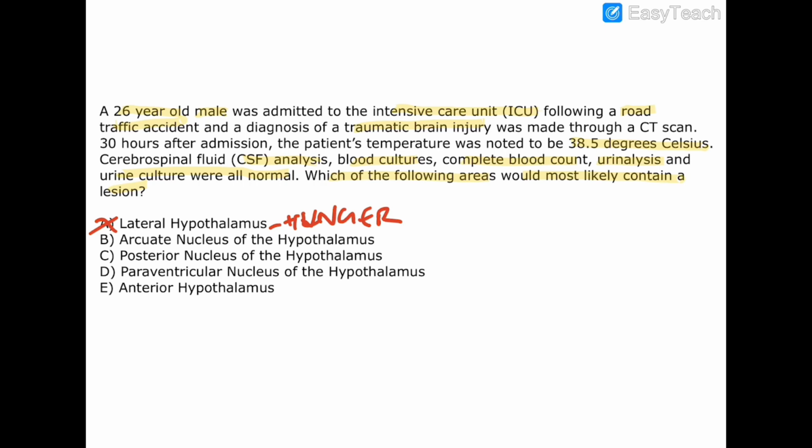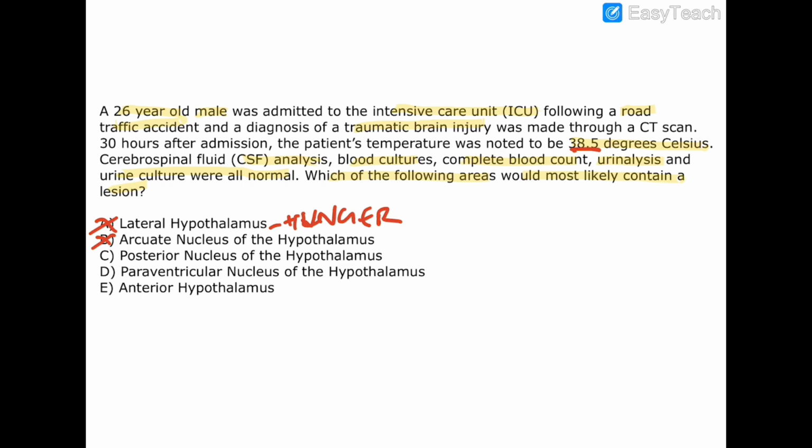The neurons from this nucleus are inhibited by leptin and insulin, and they are activated by ghrelin, which means if they're activated, you feel hungry, you want to eat more. If they're inhibited by leptin and insulin, you feel less hungry and you eat less. So again, this is not to do with feeding. We know, because of the temperature of 38.5, this is a thermoregulation issue, which means that we can cross out the arcuate nucleus as well.